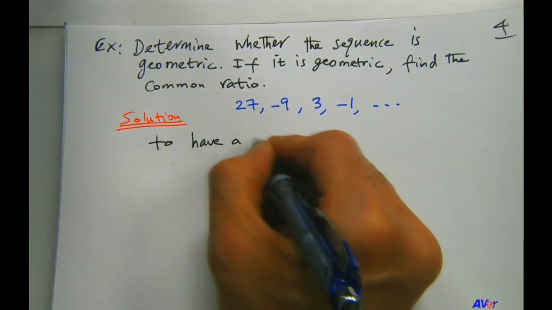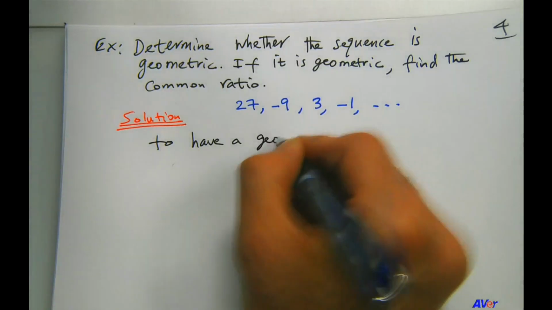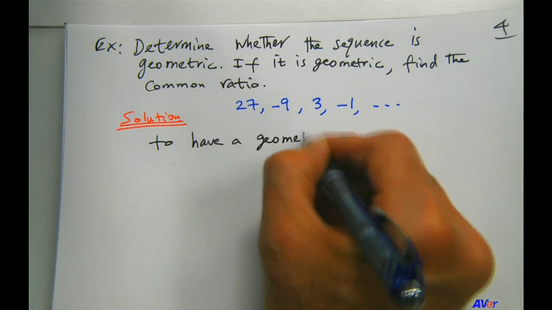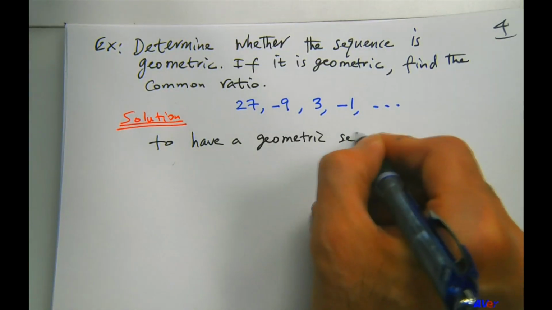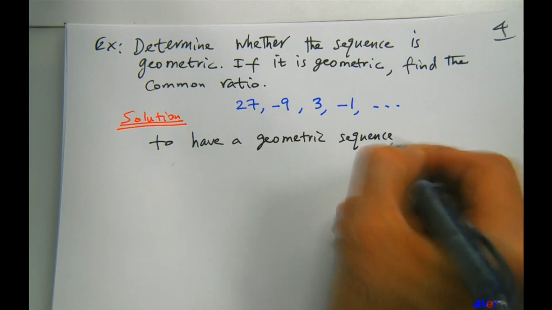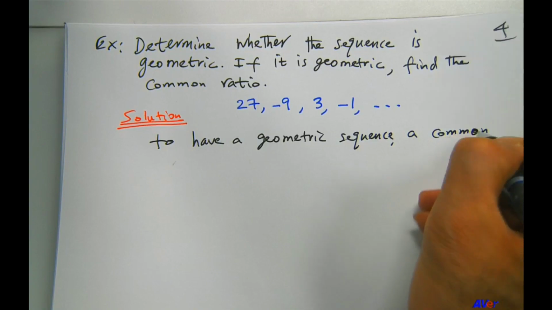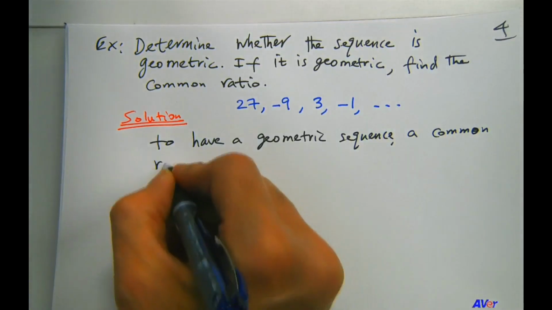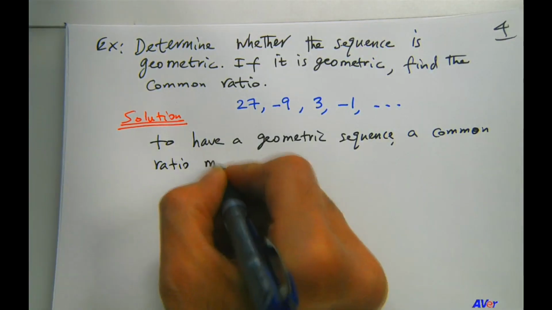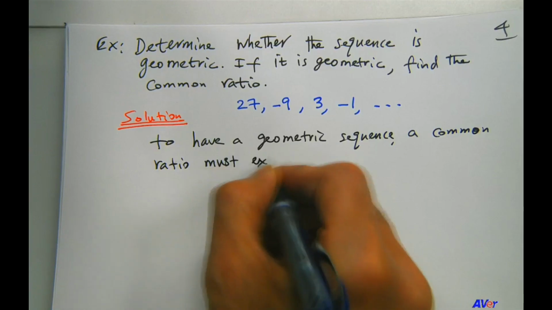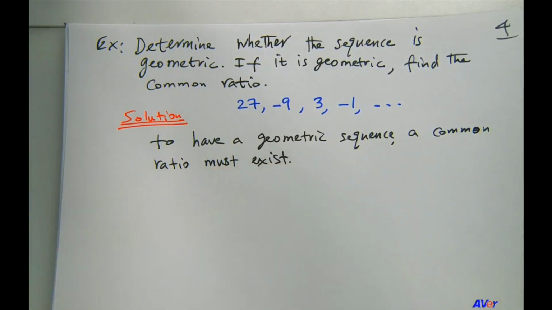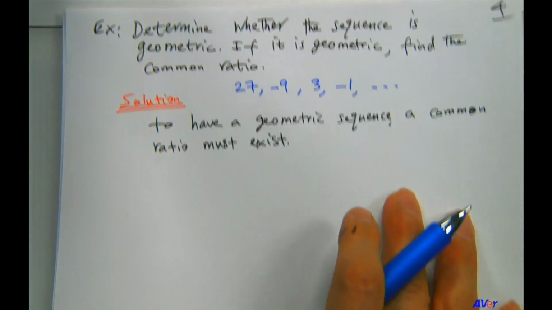To have a geometric sequence, a common ratio must exist. It's as simple as that. Okay, so let's show whether or not it does.